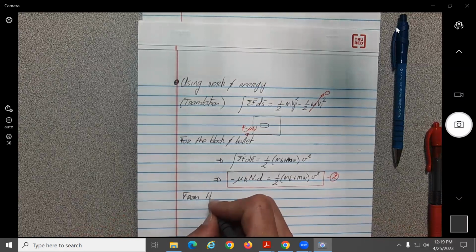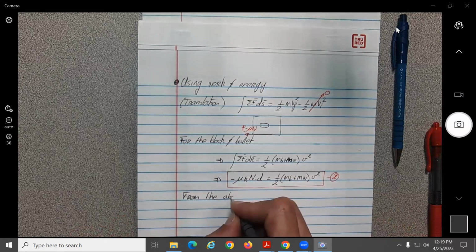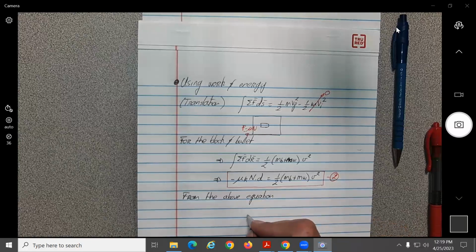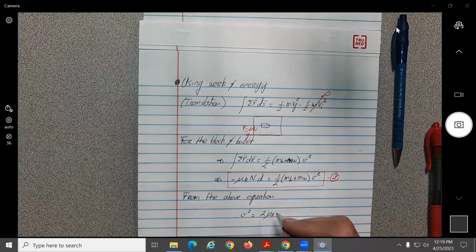Correct. So from the above equation, you can solve that, let's say, v square will be equal to 2 mu sub k N d divided by m sub b plus m wood.